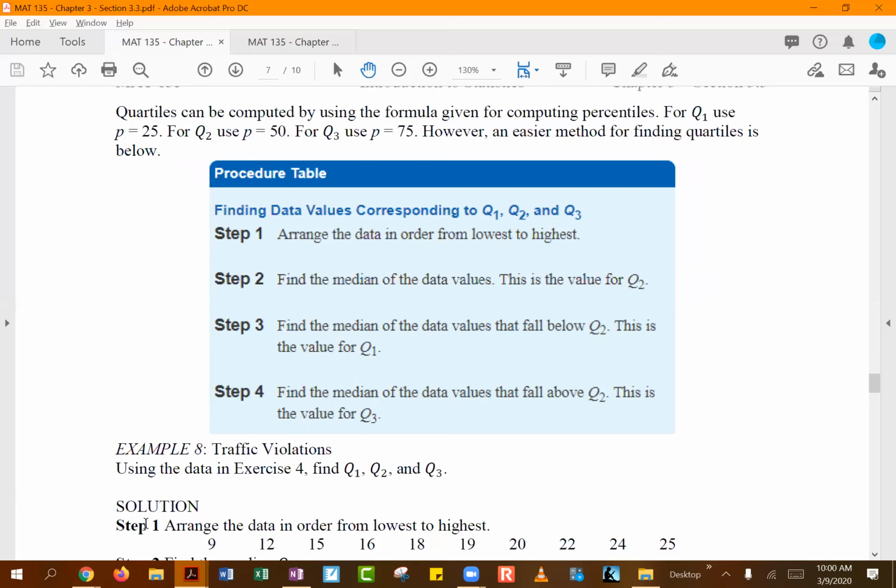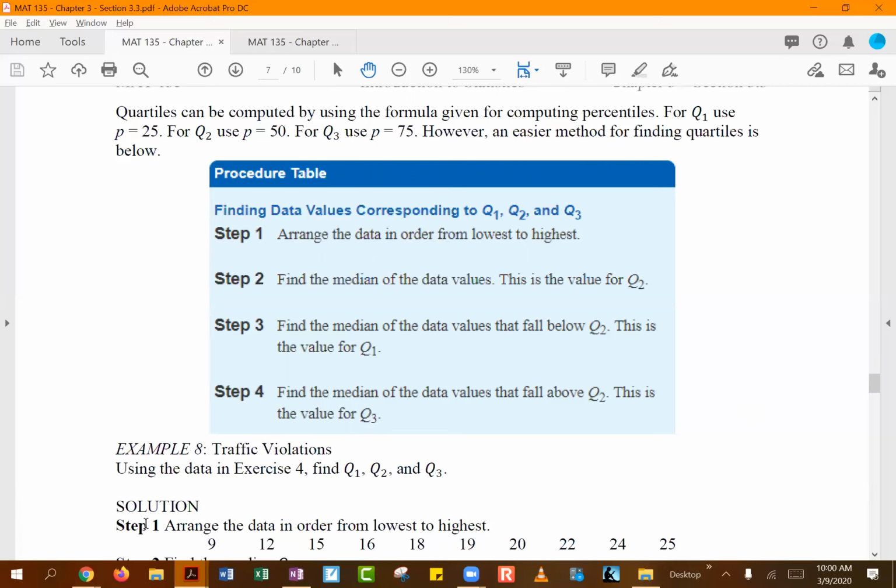Start by arranging your data values in order from smallest to largest. Find the median, which would be your quartile 2, the halfway point, the 50th percentile. Then find the halfway point for the first half and the halfway point for the second half, which would be your 25th and 75th percentile, quartile 1 and quartile 3.